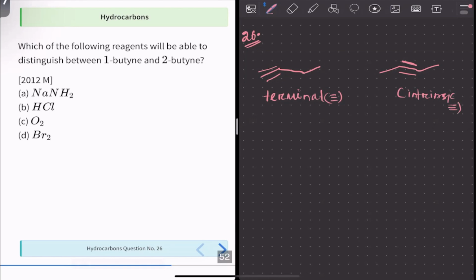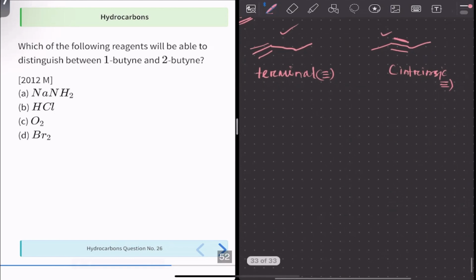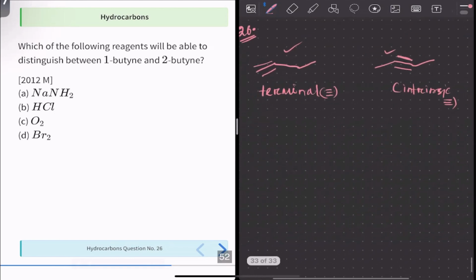It is asking which of the following reagents will be able to distinguish between these two. Basically, the concept is that a reagent which reacts differently with these two compounds lets us distinguish them. So let's react the reagents with these compounds.